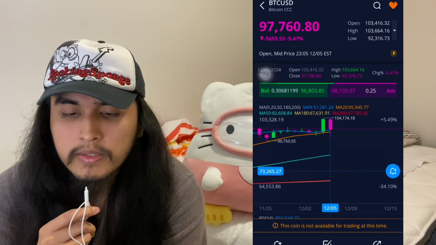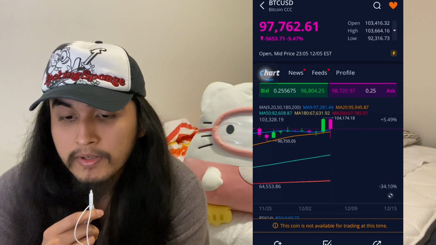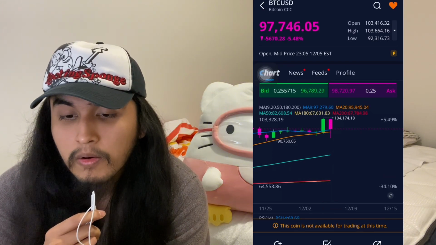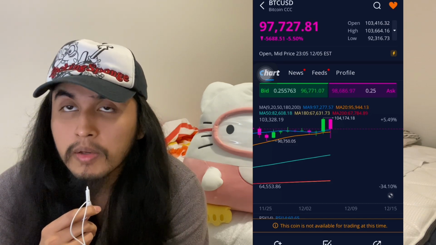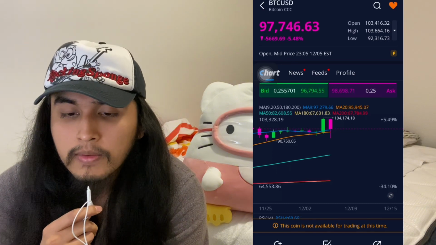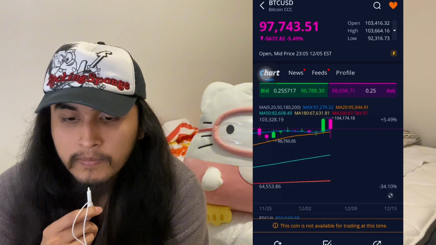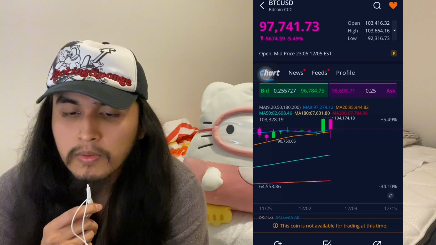It used the 20-day moving average as support, or I guess you could say once it broke that 20-day moving average, Bitcoin tried its best to reclaim it. And when it did reclaim it, basically now Bitcoin is in an uptrend in a way, sort of.